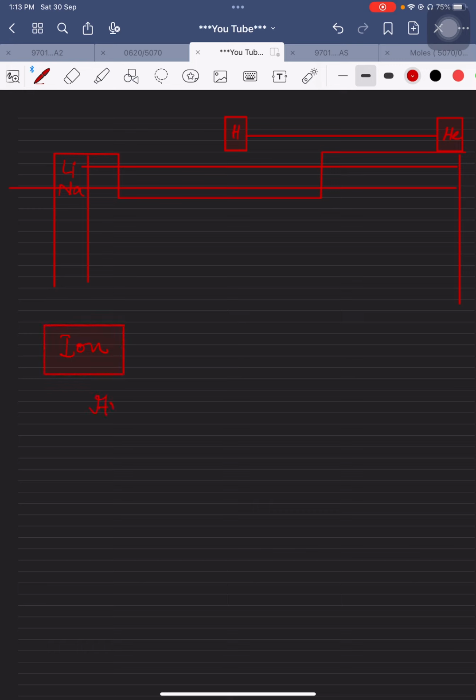An atom having charge is called an ion. An ion can be positively charged or can be negatively charged.